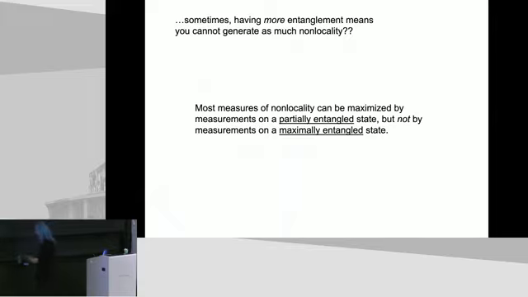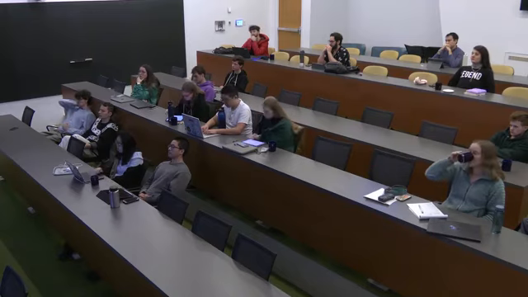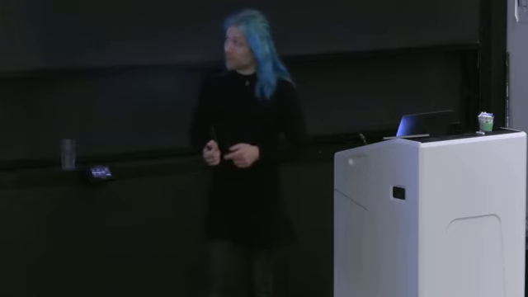Now that should sound very weird to you. Why do you need entanglement to generate non-locality, but somehow having more of it penalizes you? People were very confused by this. There were a whole bunch of papers, and this came to be known as the anomalies of non-locality.